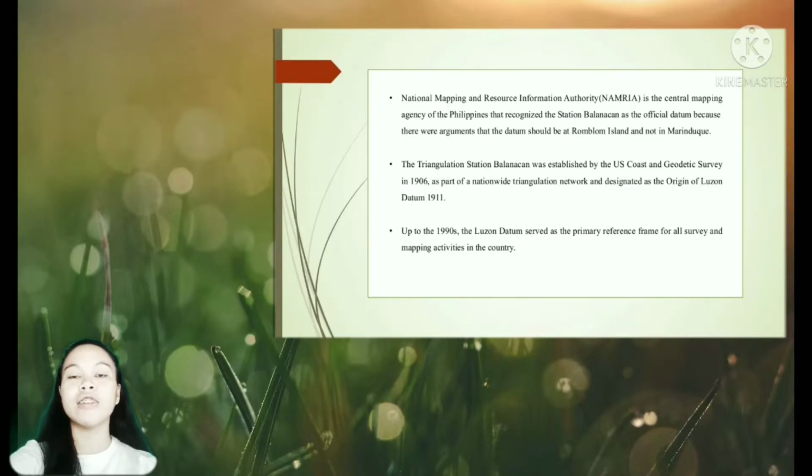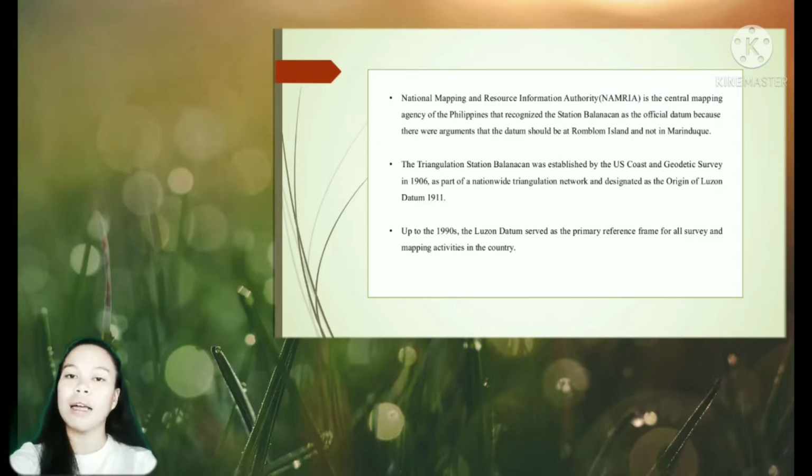The National Mapping and Resource Information Authority or NAMRIA is the central mapping agency of the Philippines that recognized the Station Balanacan as the official datum, because there were arguments that the datum should be at Romblon Island and not in Marinduque.